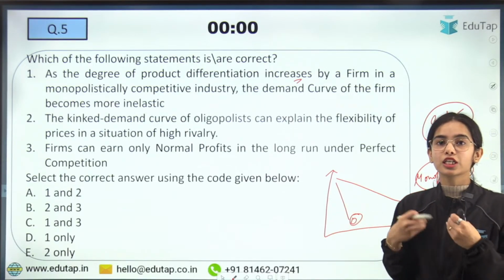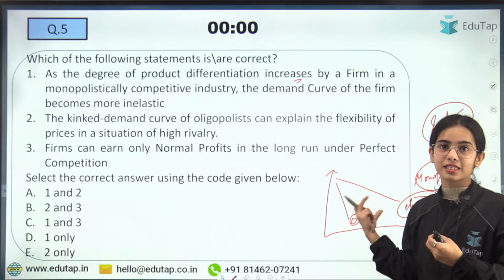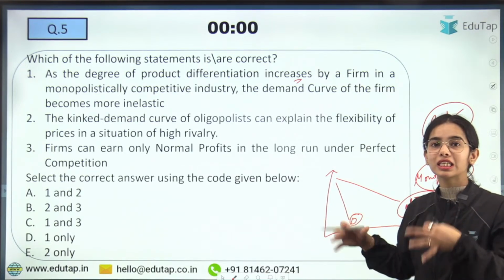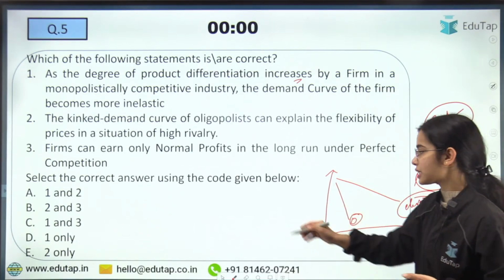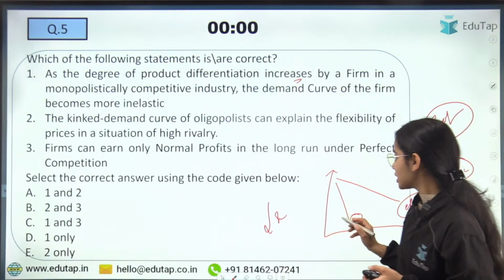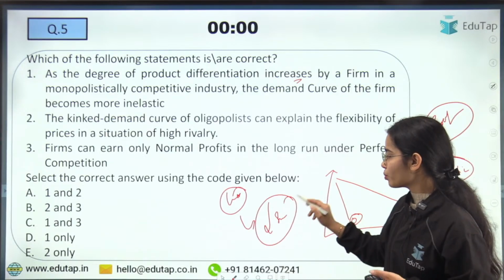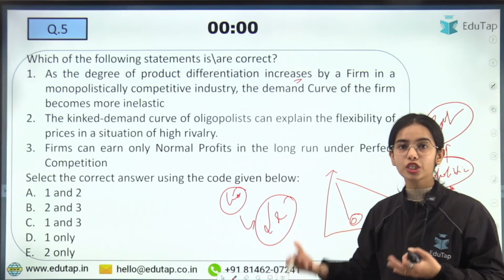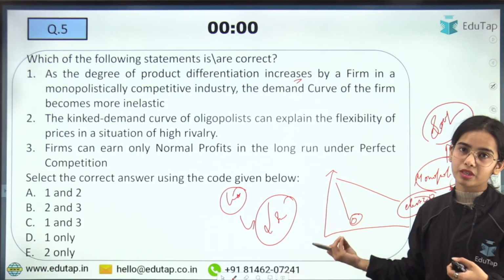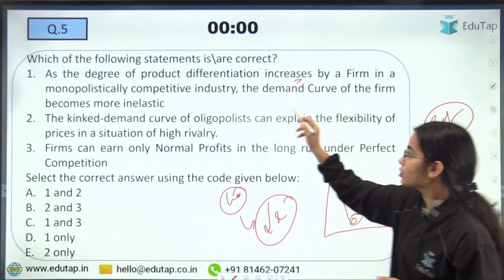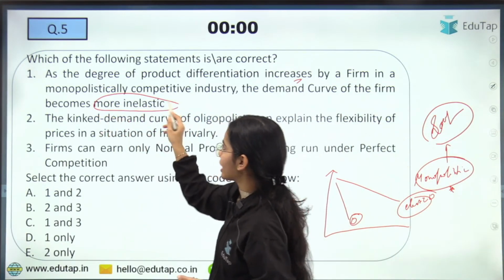That means the consumers that are using their product, as their product is unique, there are fewer substitutes, because Lux now has less substitutes as their product is unique, so their demand will become less elastic, or we can say more inelastic.